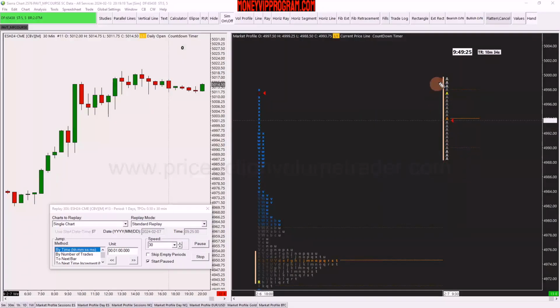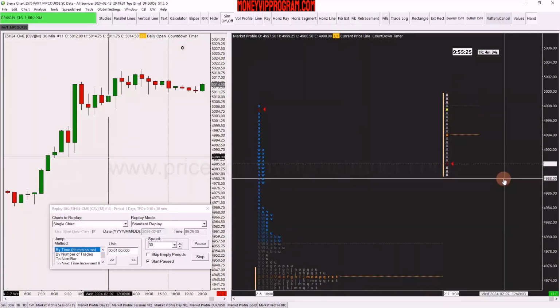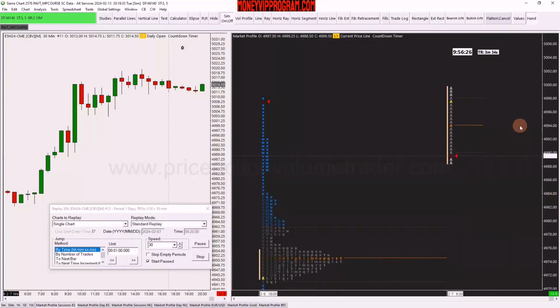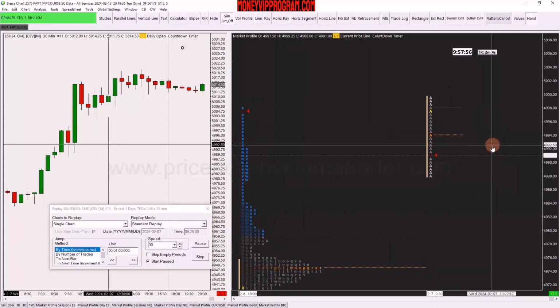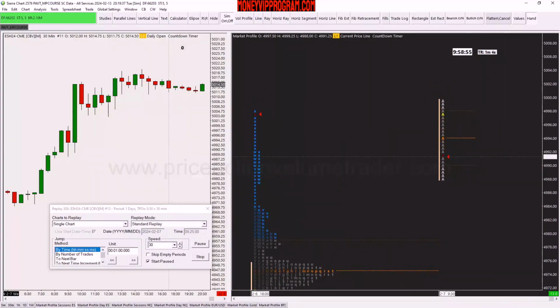The initial balance is going to be the first 2 periods, so period A and B, the first hour of trading, is what we call the opening range or initial balance. And there's going to be a lot of strategies that we can form based on that we're going to cover later. So period A is about to finish.